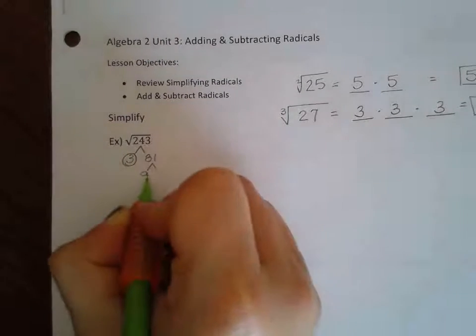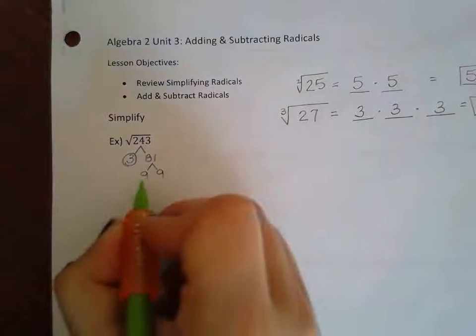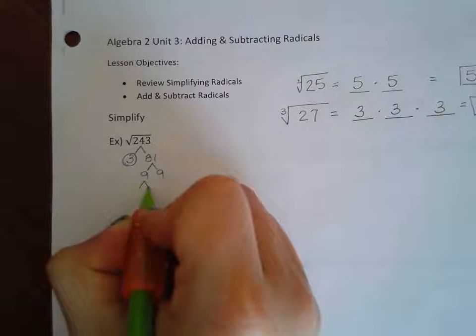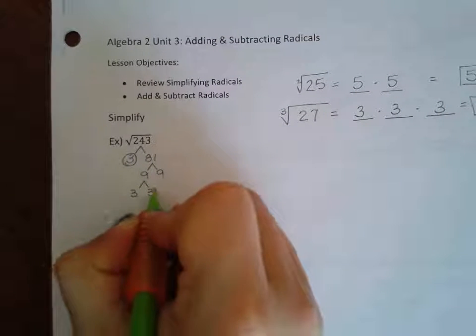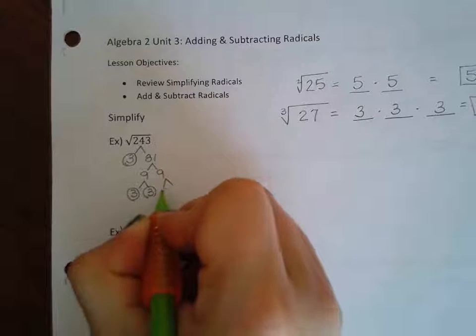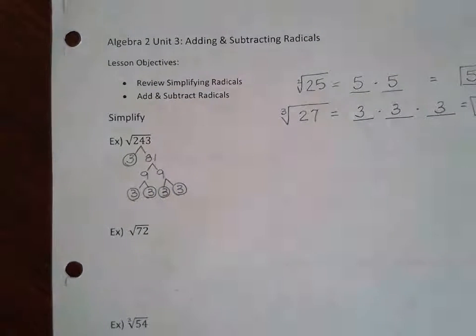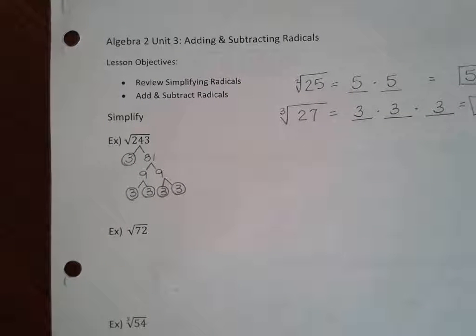81 is 9 times 9. 9 and 9 are not prime, so I have to keep on doing my factor tree. 9 is 3 times 3. And this is also 3 times 3. So if I'm doing a square root, I'm looking for groups of 2.